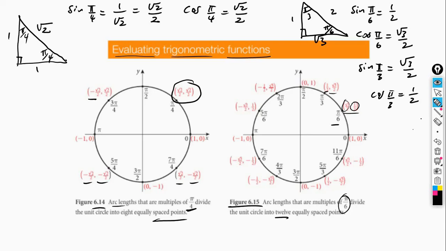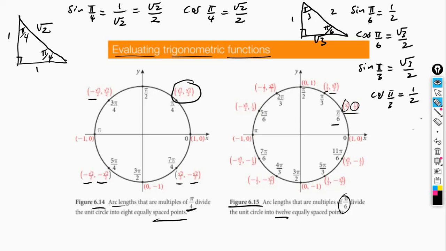But then for the other multiples, except of course for the ones that lay on the x and y axis, we have again the same numbers, right? 1/2, square root of 3 over 2, and what changes is the signs depending on whether x is negative or y is negative, or they're both positive, or one is positive and the other one is negative. So that depends merely on the quadrant.